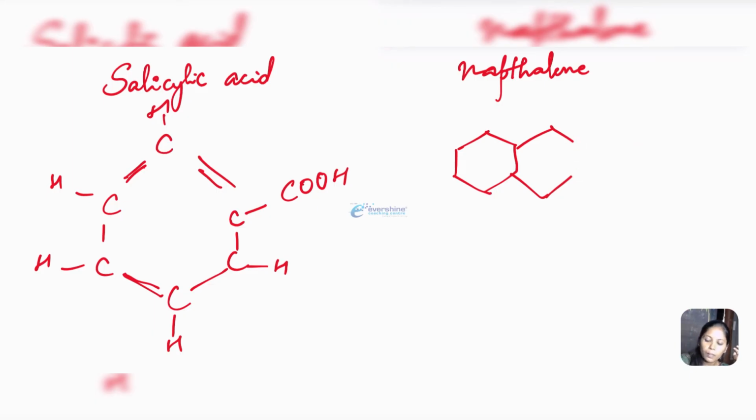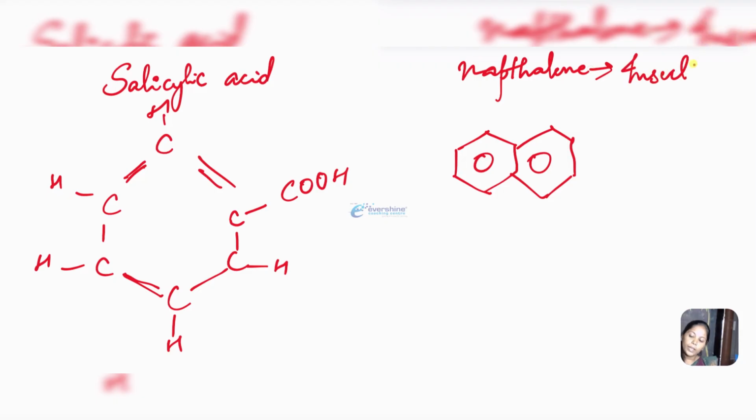It will be white in color. You might have kept it in cupboards, and it's a sweet smelling compound. Moth repellent. Salicylic acid is also used for preparation of medicines.